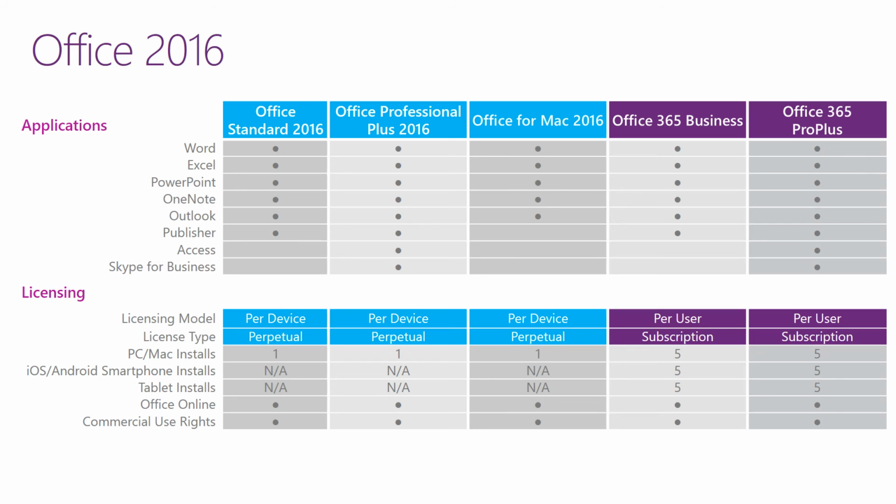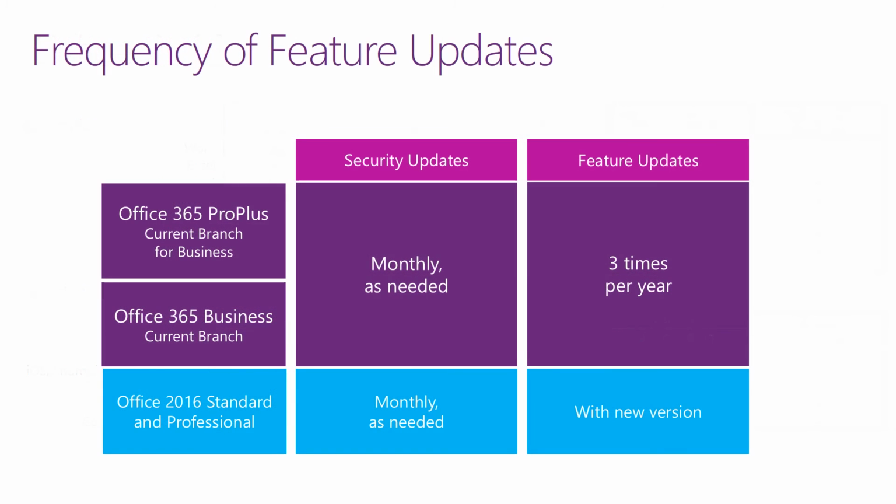But what about feature updates for Office? We saw that Windows has gone to a servicing model with continuous updates, but how does this work for Office? Well, here you can see that we've split the updates into the security and feature ones, as we did for Windows, and for the security updates it works in exactly the same way.